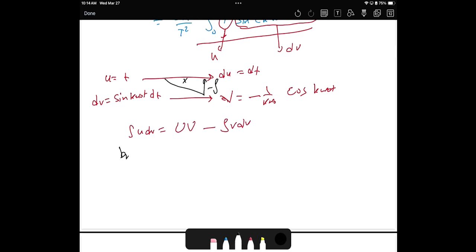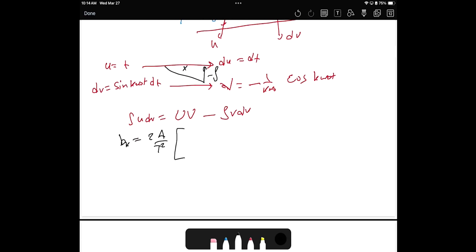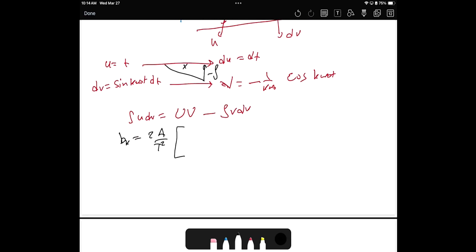Let's do it here. We can say b sub k will be 2a over T squared. Then we have t times v, which is t times negative 1 over k omega naught times cosine k omega naught t.